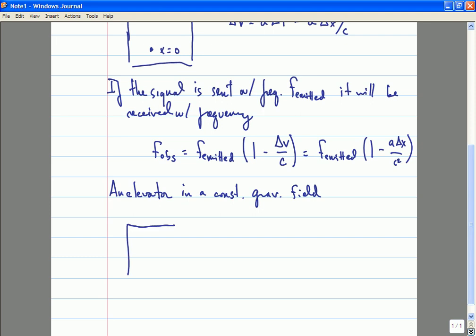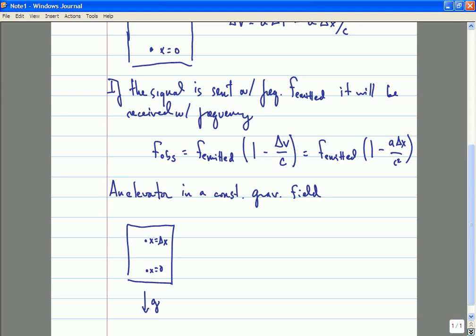Well, by the equivalence principle, we know that the physics of this experimenter in the elevator will be the same in these two different setups. The one where the experimenter is subject to a constant gravitational force, and the one where the experimenter is being pulled behind a spaceship that is accelerating with some constant acceleration.